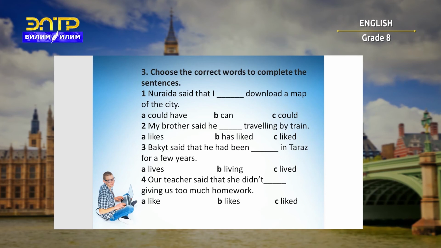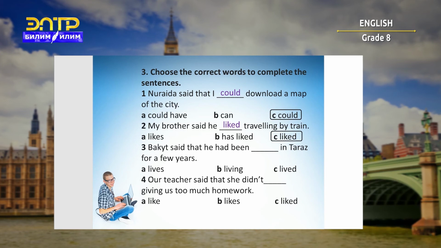Okay, now let's check your answers. Sentence number 1. Nuraida said that I could download a map of the city. Well done. Sentence number 2. My brother said he liked traveling by train. Good job.